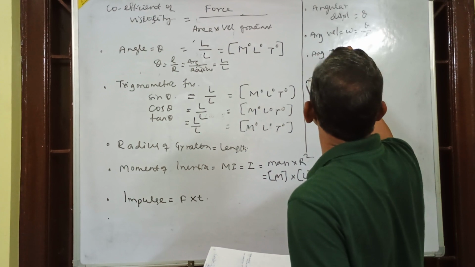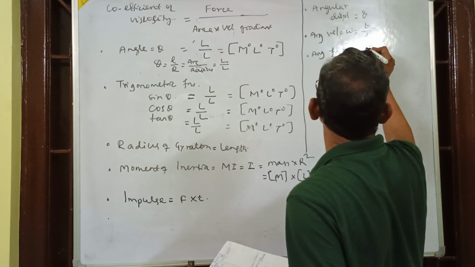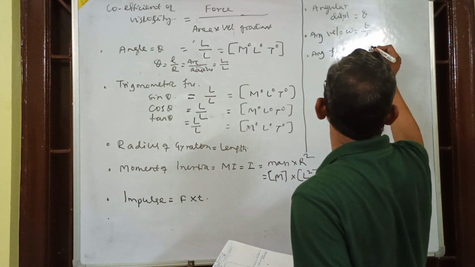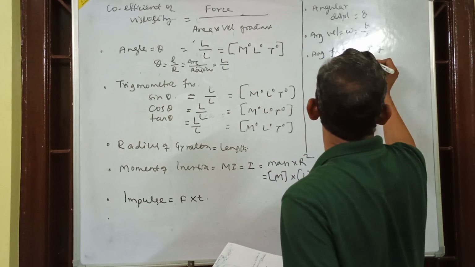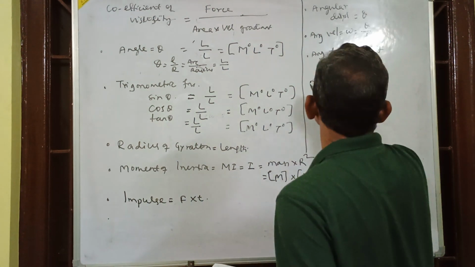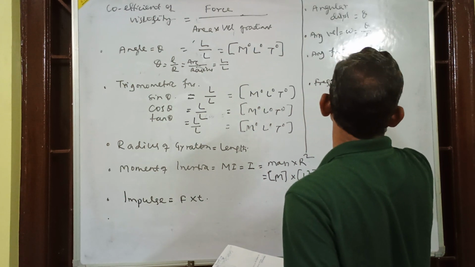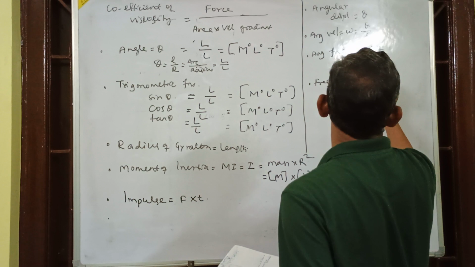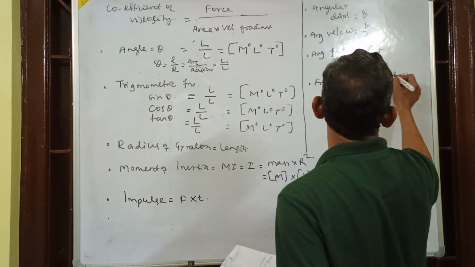Angular frequency omega is 2 pi f, or 2 pi by T. Frequency nu is equal to 1 by T, which is M^0 L^0 T^-1.